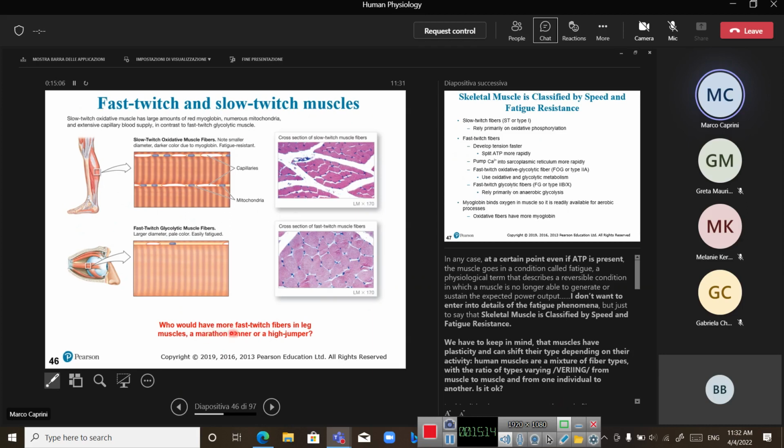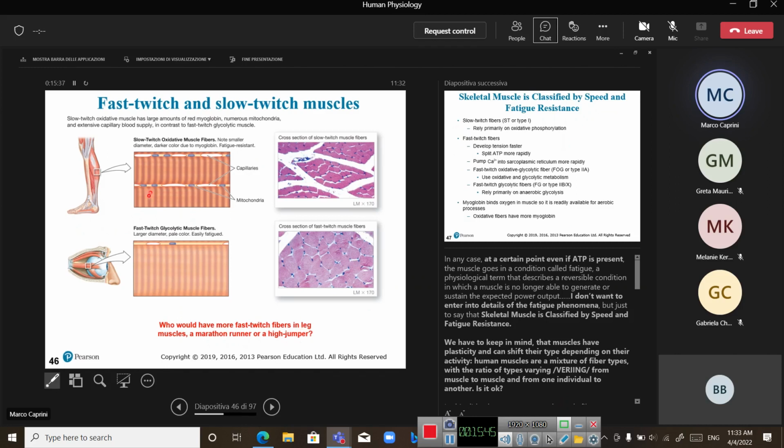A marathon runner, a high jumper needs to spend a lot of energy in a very short time. So they have a different type of muscle. Let's analyze each type of muscle we have, and then see which muscle is present or more present in a marathon runner or in a high jumper.